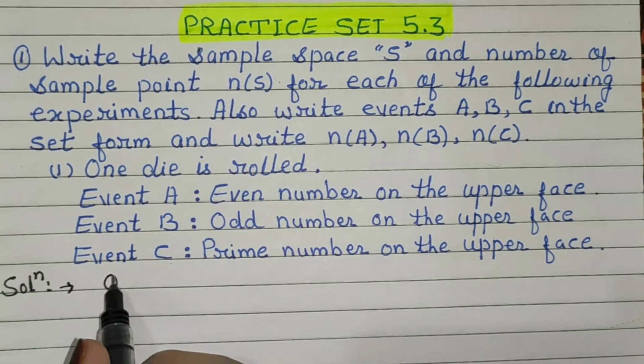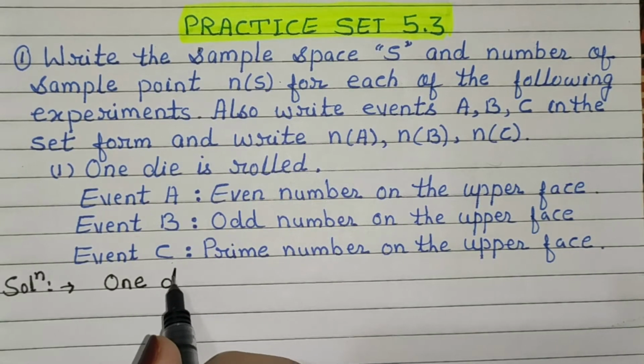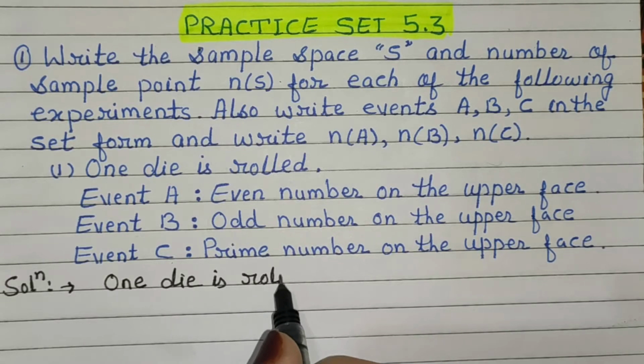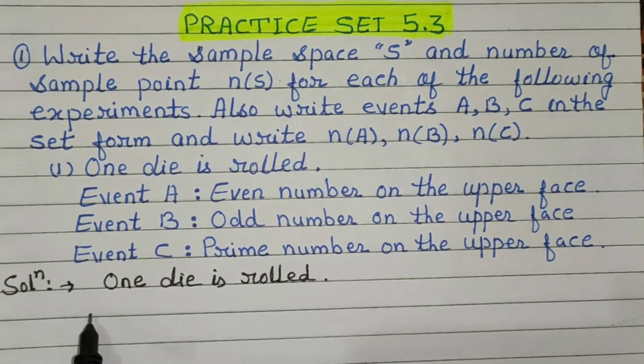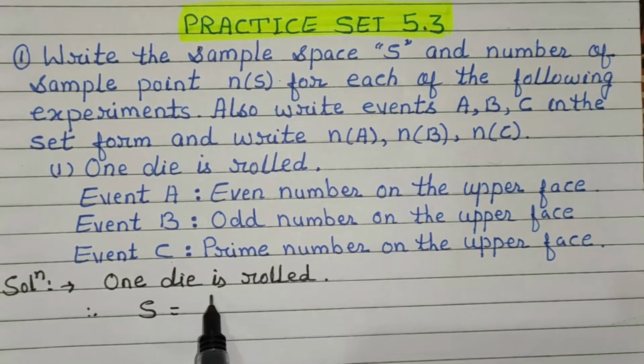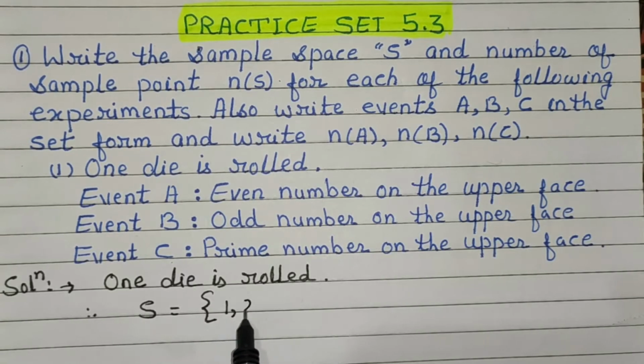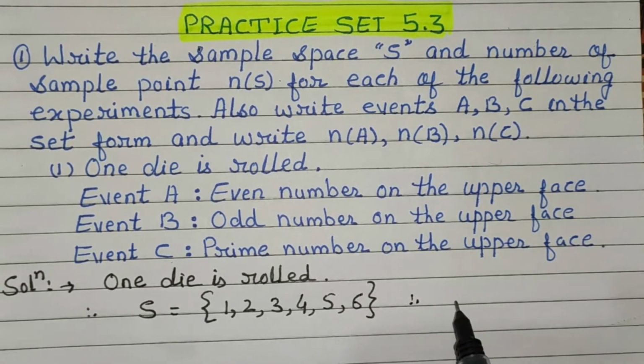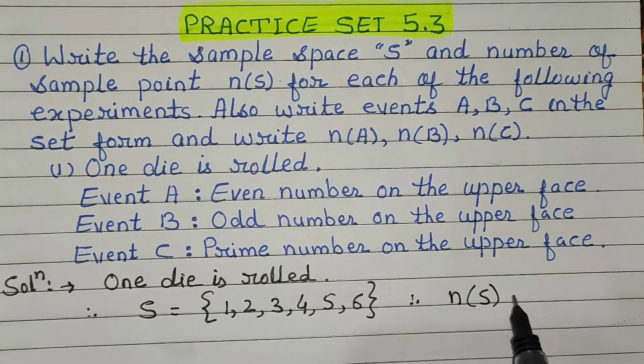One die is rolled. Therefore, the sample space S is equal to {1, 2, 3, 4, 5, 6}. Now n(S) is equal to 6.